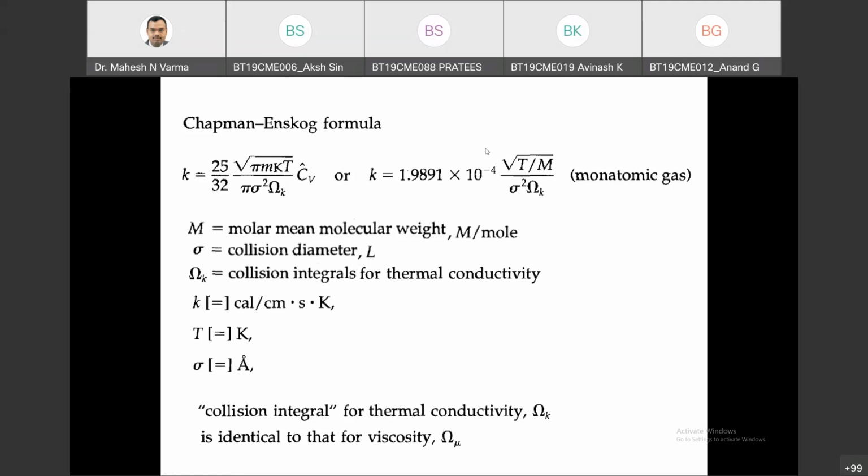In fact, they can be related, because the values of the collision diameter and collision integral are the same in both momentum transfer and heat transfer. So certainly we can have a relation between thermal conductivity and viscosity based on the Chapman equation and the Maxwell equation.